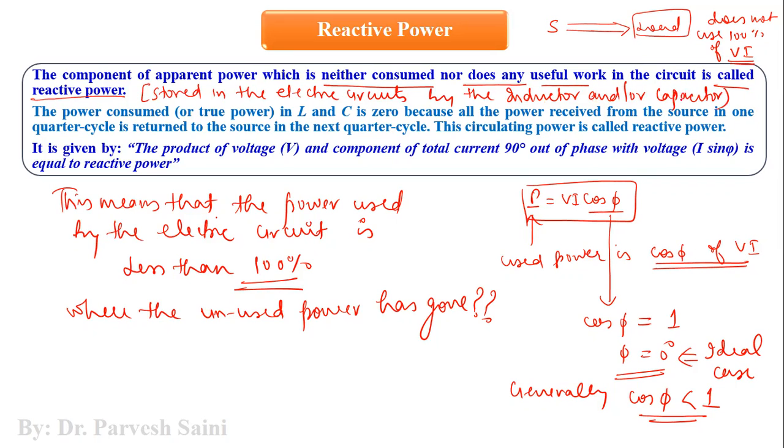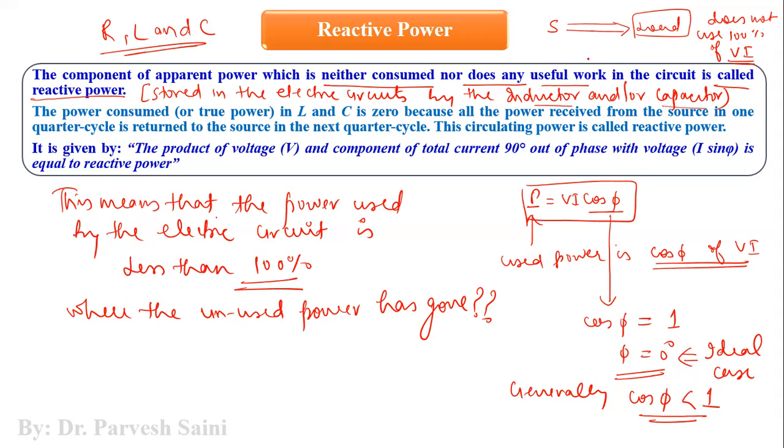So we have inductors and capacitors in the electrical systems, electrical circuits. More or less, our electrical systems are made up of the combination of these three components, R, L, and C. So these two components, inductor and capacitor, do not dissipate the electrical power.